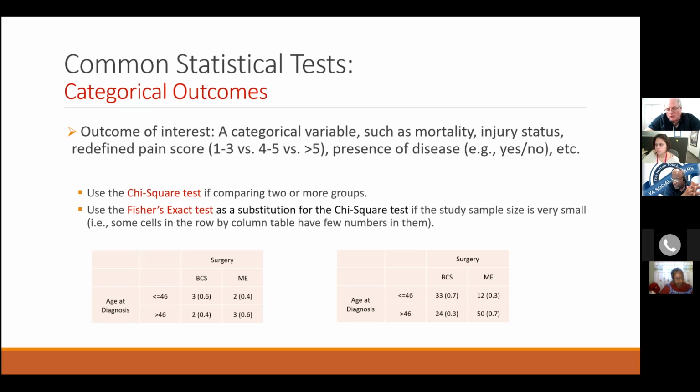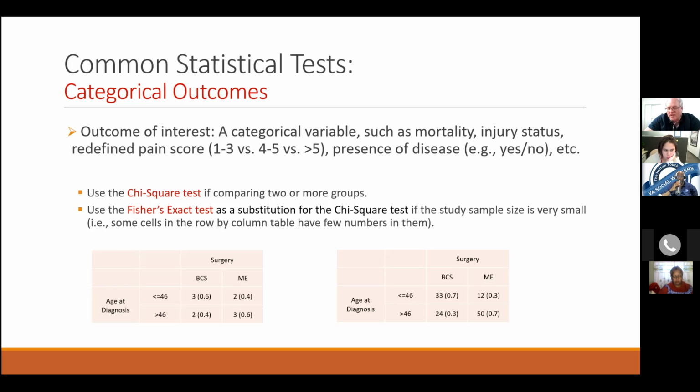When you have these categorical row by column tables, like in these 2 pictures here, that typically means you're going to be doing the chi-square test. 2 rows, 2 columns, that's your classic row by column table where the chi-square test would be used. If the numbers are really tiny, like the table on the left, where you'll see there's only 3 people, 2 people, 2 people, very small sample size, in general the Fisher's exact test would be used to look at the association between age and surgery.